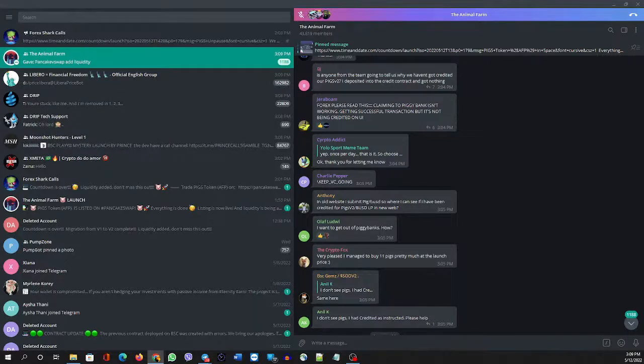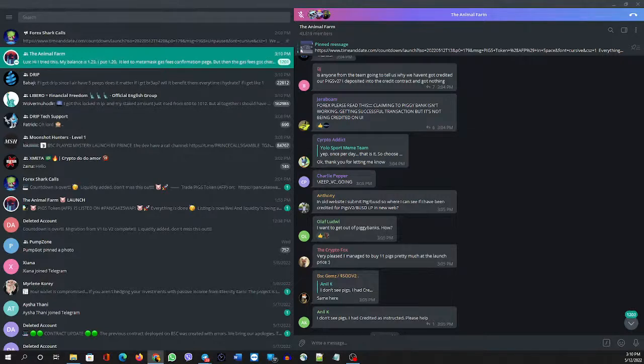Yeah. So guys, just so you know, for the decimal thing and the gas limit, we're pushing an update right now to automatically knock off the last decimal anyways, just in case that is an issue, and we're upping the estimated gas limit, so it tells MetaMask what the gas limit should be.